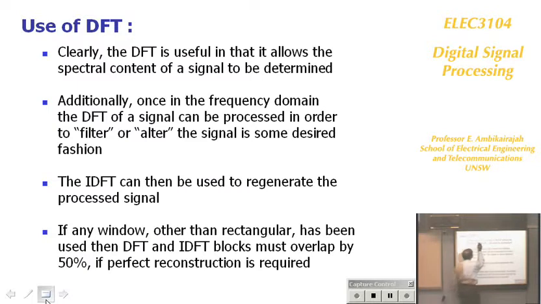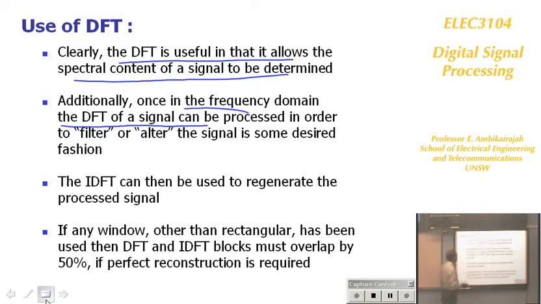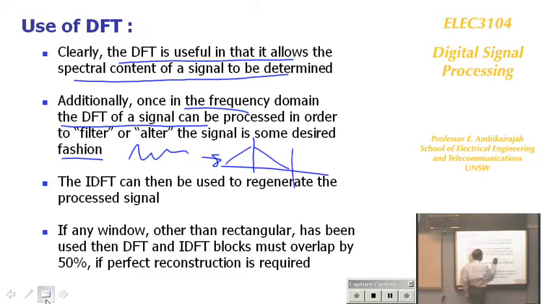Clearly, DFT is useful and allows the spectral content of the signal to be determined. Additionally, once in the frequency domain, the DFT signal can be processed in order to alter the signal in a desired fashion. So if I have a signal here and take an FFT or DFT, I get the magnitude spectrum. These are the values I got. That's frequency 1, that's frequency 2.